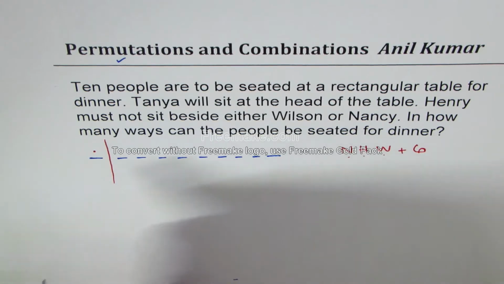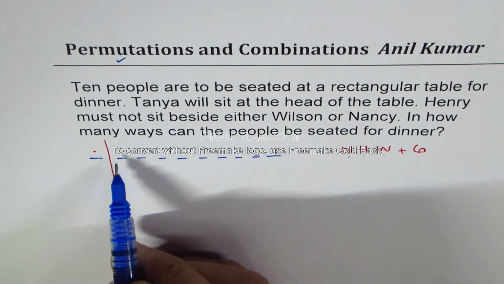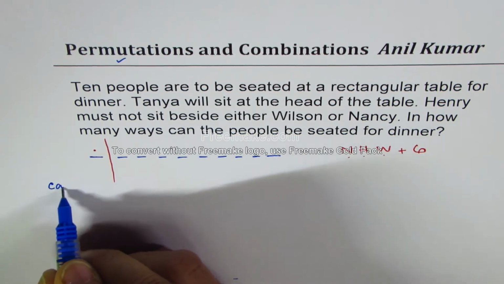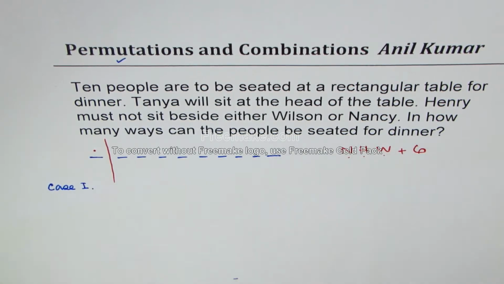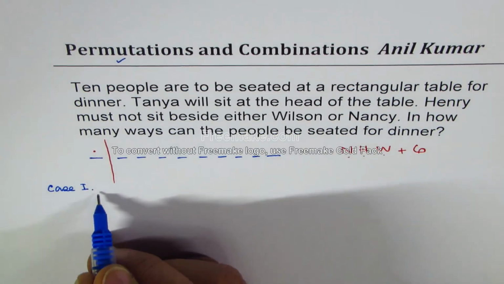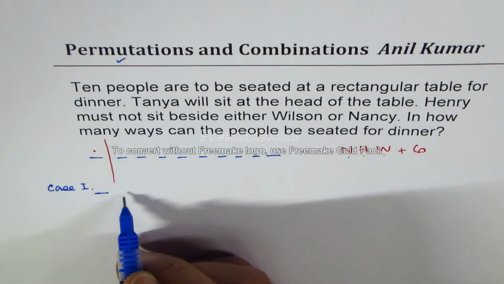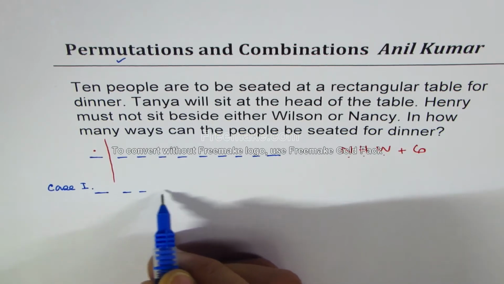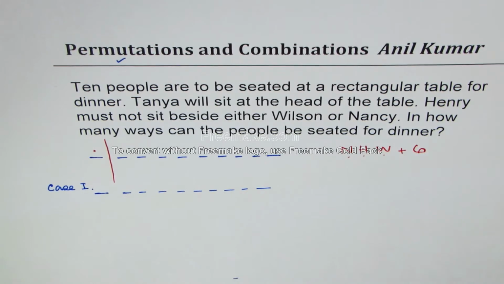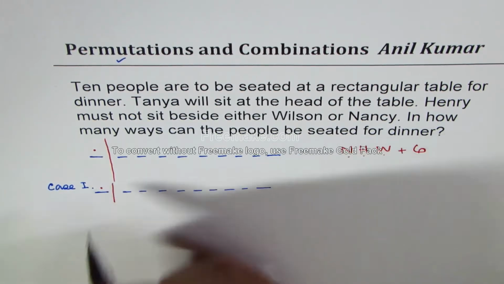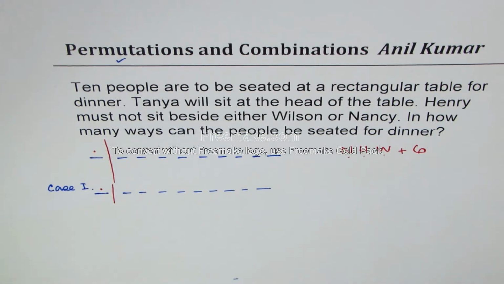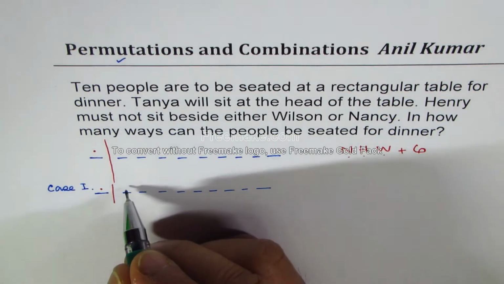In the first case, I will take Henry at first position, right? So let's do case 1. Case 1 will be when Henry is in the first position. Let's say we have now 9 here on the other side: 1, 2, 3, 4, 5, 6, 7, 8, 9. Tanya is fixed here, and we are placing Henry in the first position.